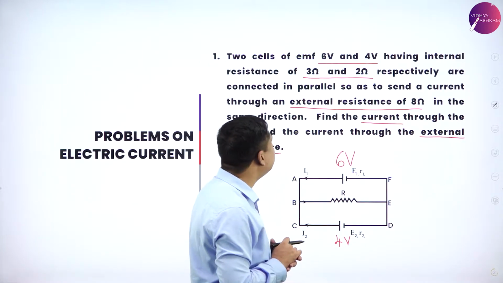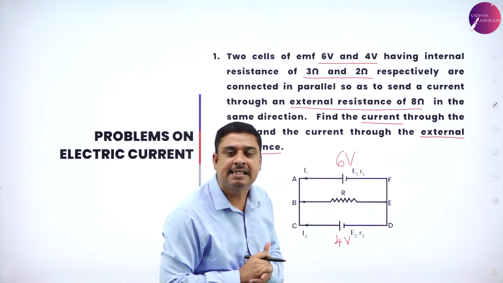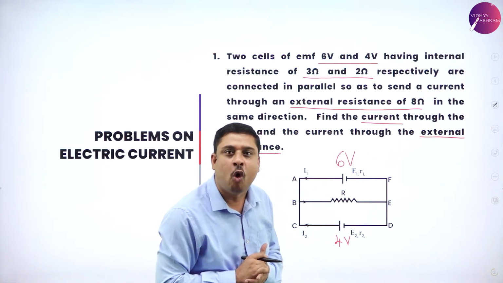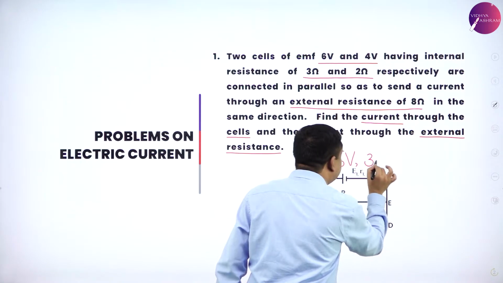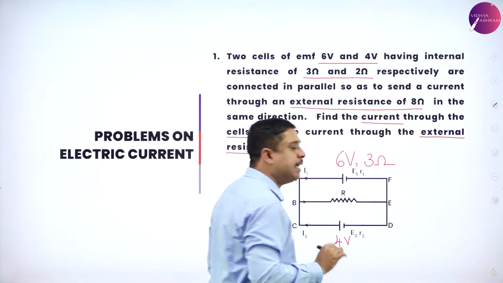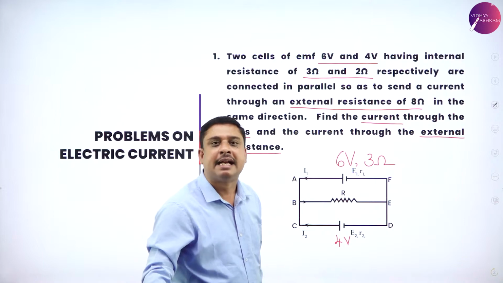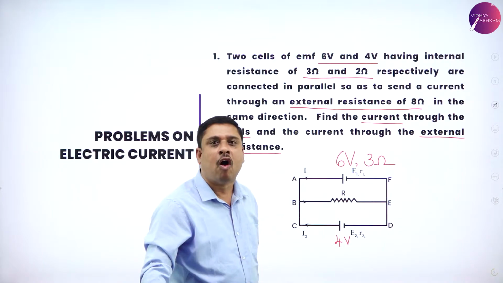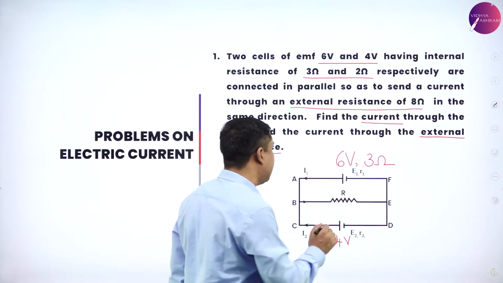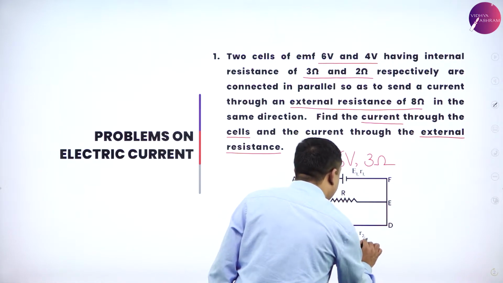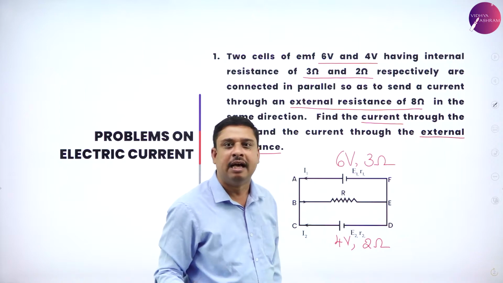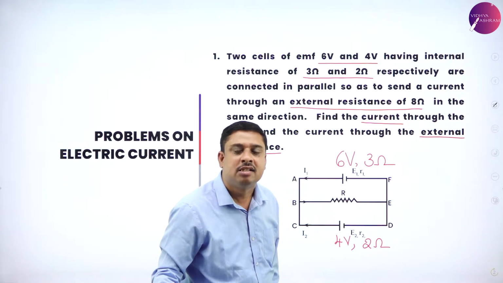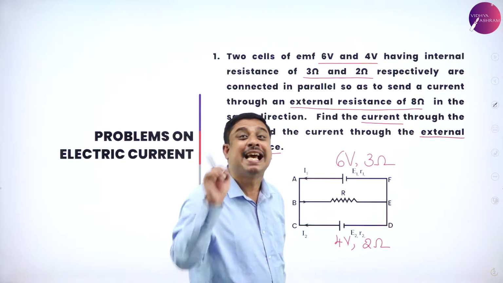And they have internal resistances 3 ohms and 2 ohms. 3 ohm internal resistance of the first cell and 2 ohm internal resistance of the second cell.